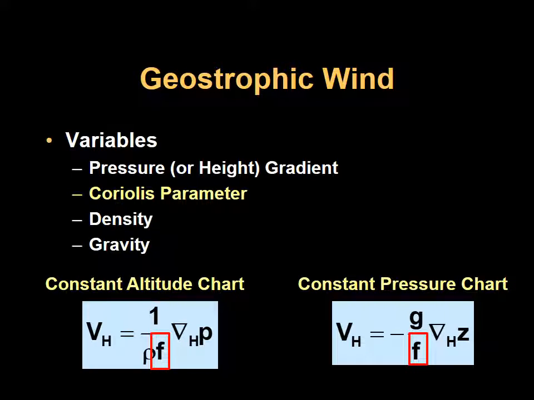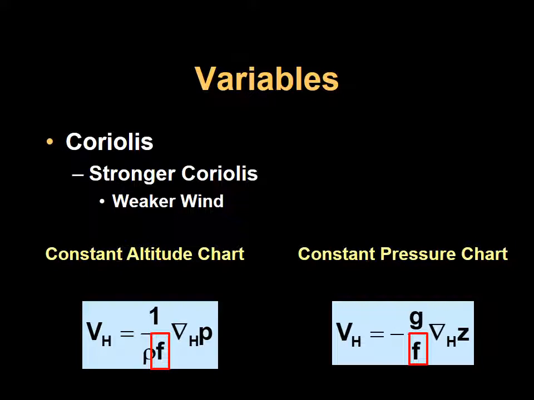Another thing that determines the strength of the geostrophic wind is the Coriolis parameter. And the Coriolis parameter varies with latitude. So you would have a much stronger Coriolis force as you move north because it's a function of latitude.